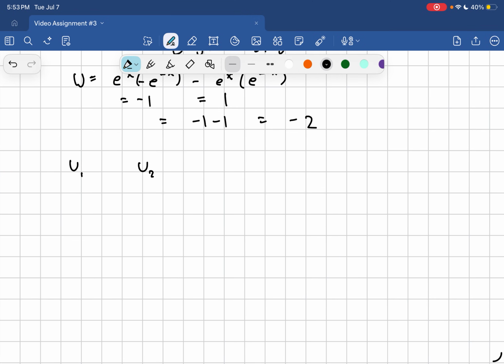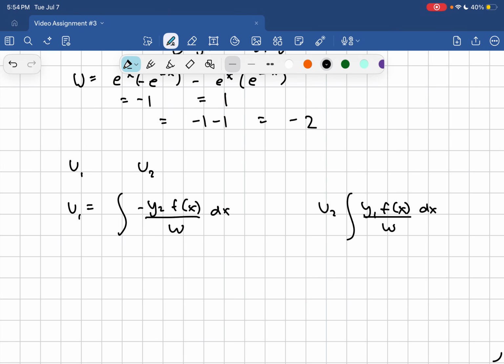So u1 is given by the integral of negative y2 times f of x over the Wronskian dx, and then u2 is given by the integral of y1 times f over the Wronskian dx.